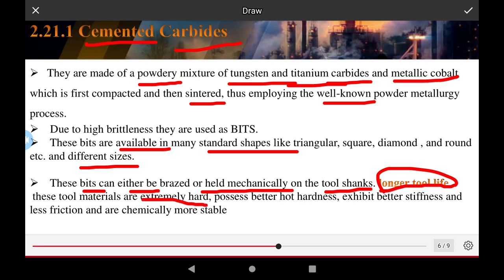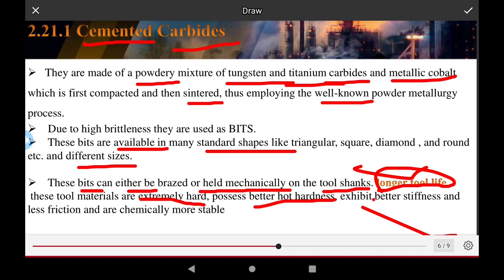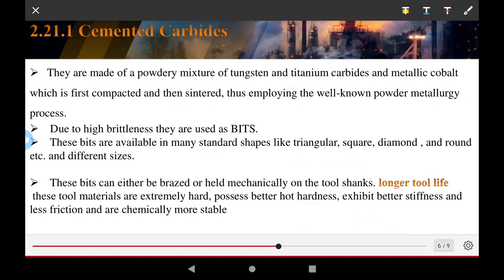They have better hardness, exhibit better stiffness, less friction and are chemically more stable.